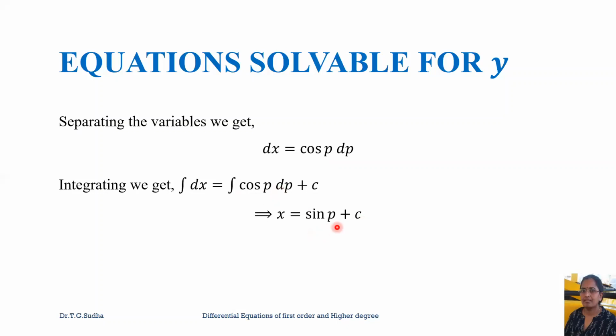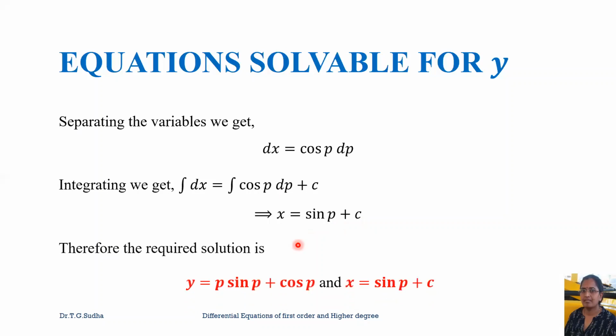Let us eliminate p between the two equations, or rather we can put both of them together as a complete solution. Therefore the required solution is the given equation, y is equal to p sin p plus cos p, and x is equal to sin p plus c, which is obtained as the solution to the first order differential equation. And this gives us the complete solution of the given differential equation.